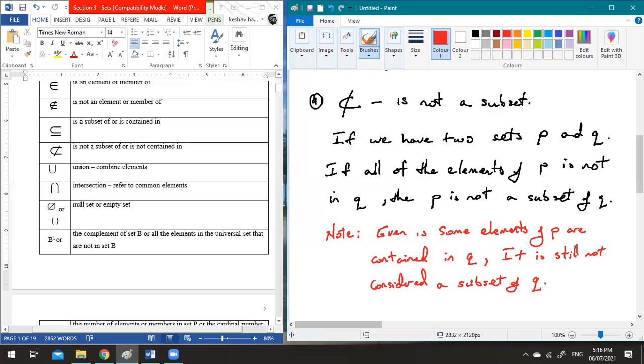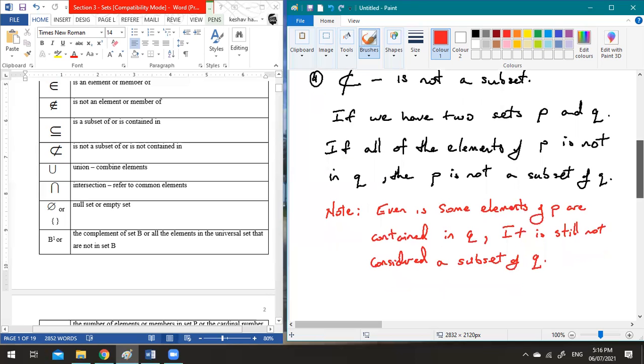The reason for this is that all the elements have to be in the subset, not just some.